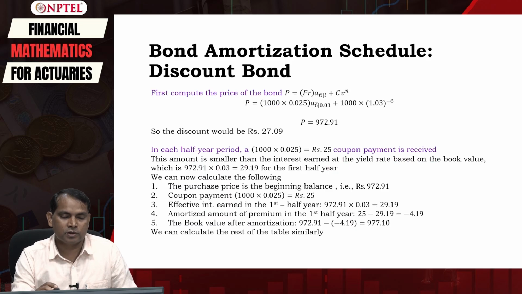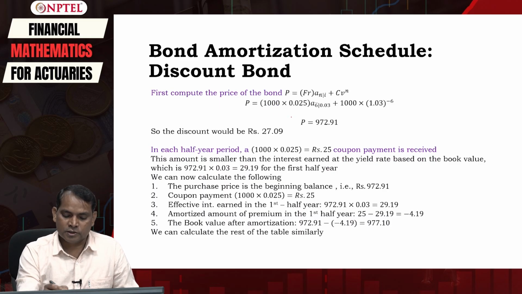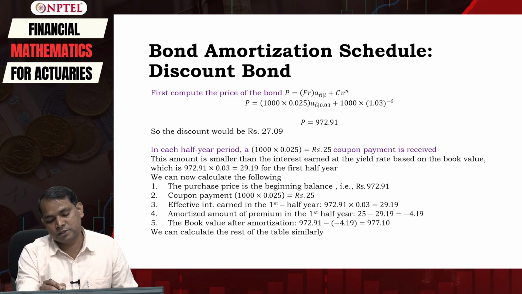First, we need to compute the price of the bond using our basic price formula, with n equal to 6 and i equal to 0.03, because you have to compute it for 6%, and 6% divided by 2 is 3%.